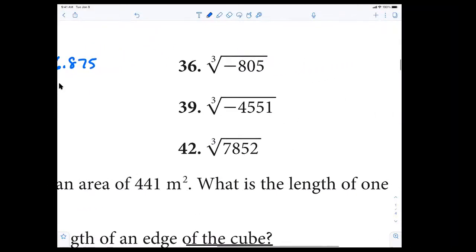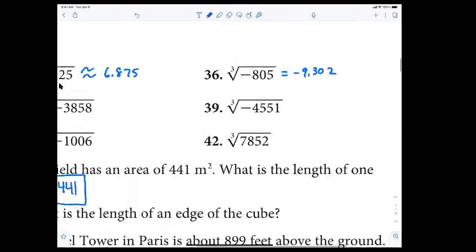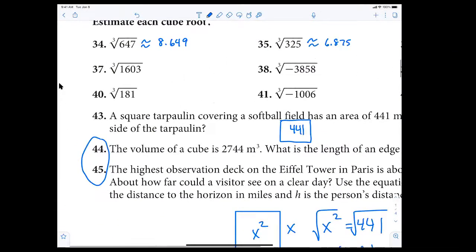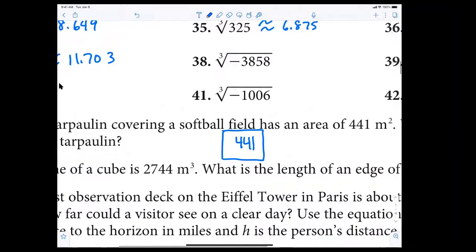Go. 36. Sean. All I want you to do is tell me the cube root of negative 805. We'll be patient. We'll wait for you. Is it not doing it? Negative 9.302. All right, here we go. 37. 11.7703. 38.